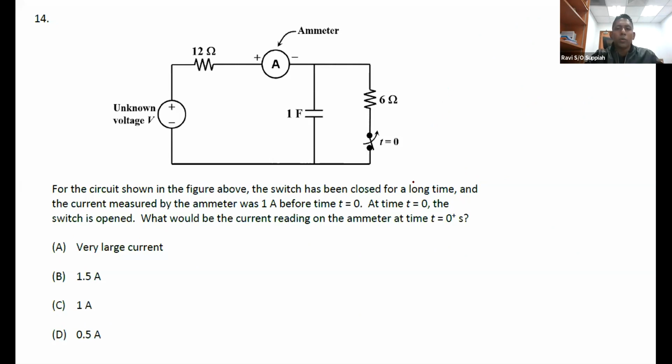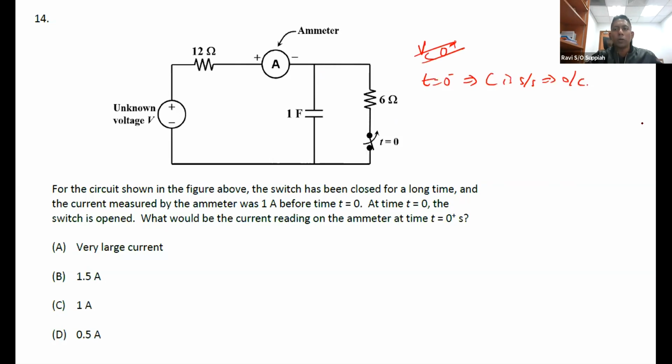Okay, so firstly, when the switch has been closed for a long time, it means that the capacitor has been charged up and is now behaving like an open circuit, correct? So at t equals 0 minus, we say that the capacitor is at steady state, which means it's open circuit.